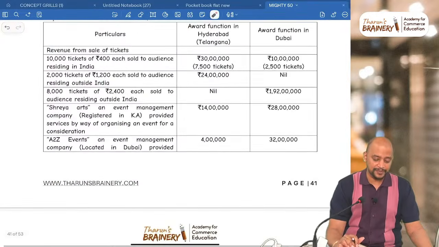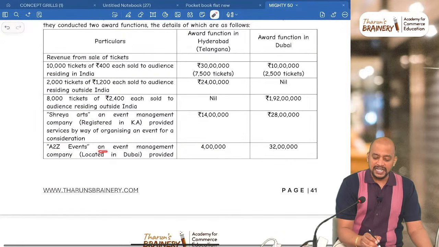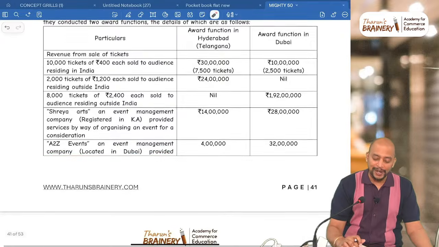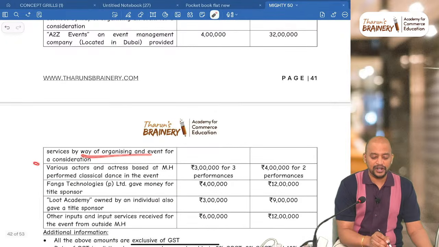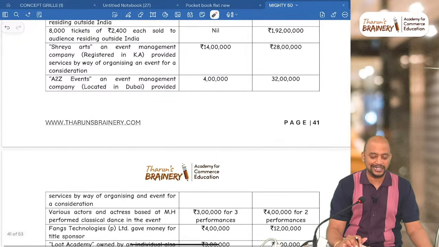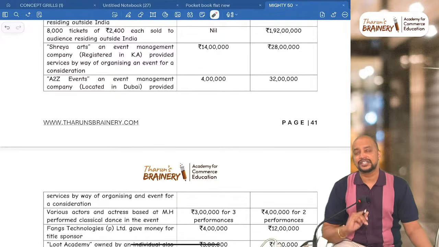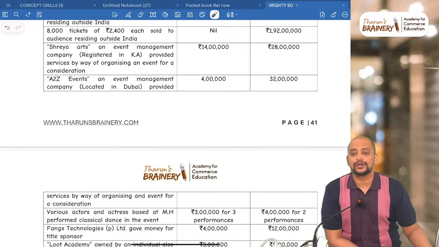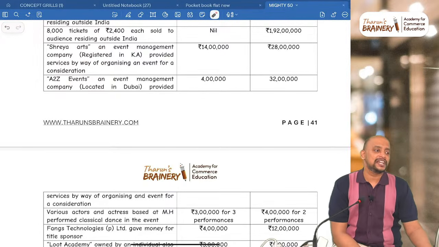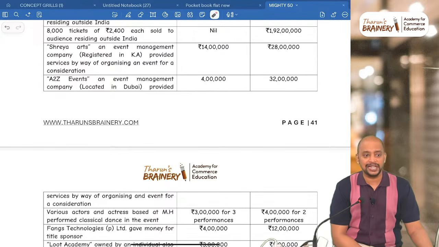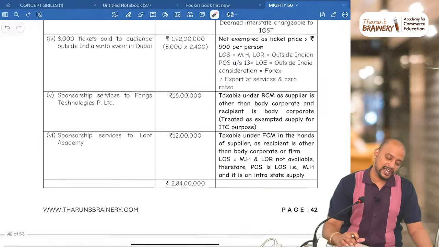Then next one. A to Z Events, an event management company located in Dubai, provided service by way of organizing an event for a consideration. Now again, section 13. For section 13, always location of event. For organizing an event, we don't have to check B2B, B2C, always location where the event is held. Now again you see.